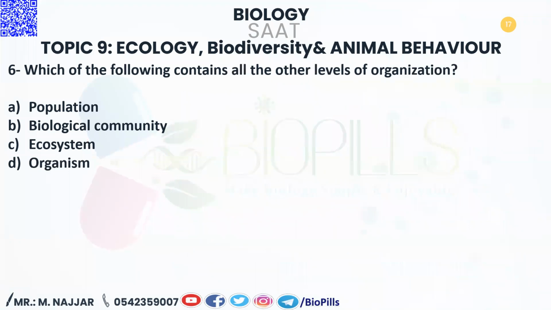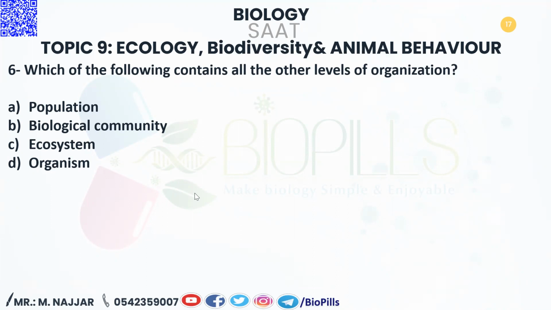Question number 6, which of the following contains all the other levels of organization? A, population. B, biological community. C, ecosystem. D, organism. This is the exact opposite of the previous question. Here he is asking about the highest level of organization.